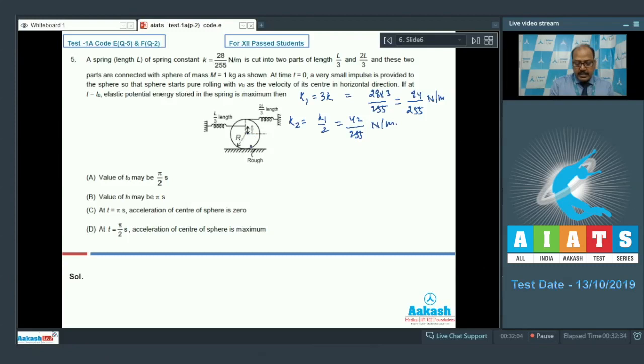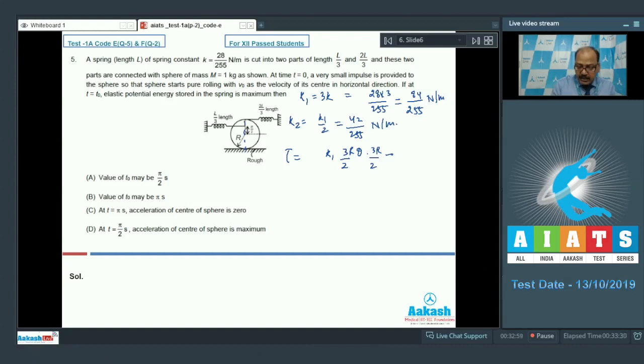Now let's consider that the sphere is oscillating with a small angular amplitude. Let's consider oscillation about this point. If it has turned by a small angle theta, then what is the restoring torque? Let's consider the torque by the first spring, of force constant K1, first. If it has turned by angle theta, the force is K1 into R plus R by 2, that means 3R by 2 into theta, that's the force, multiplied by 3R by 2, that's the torque.